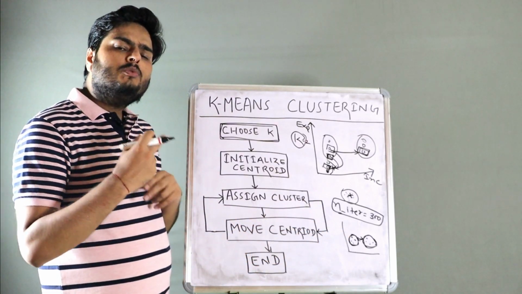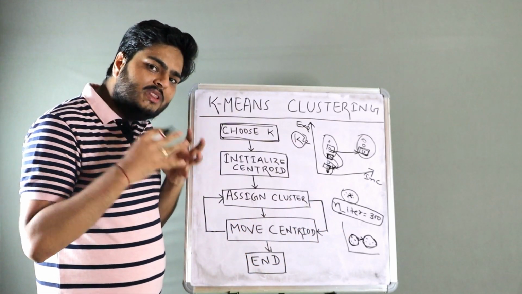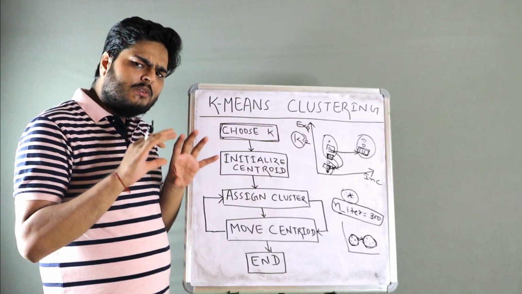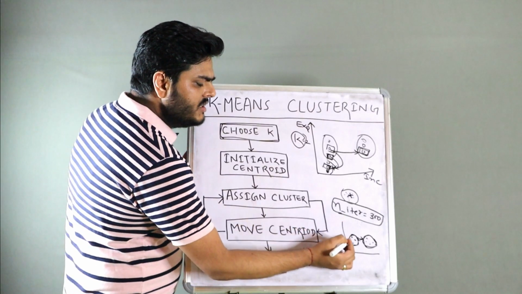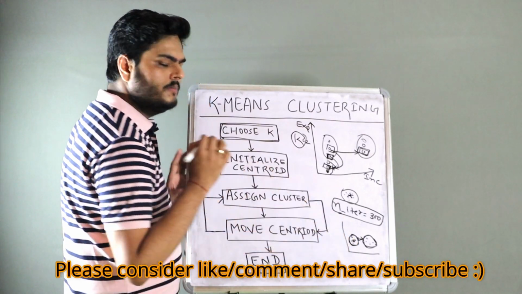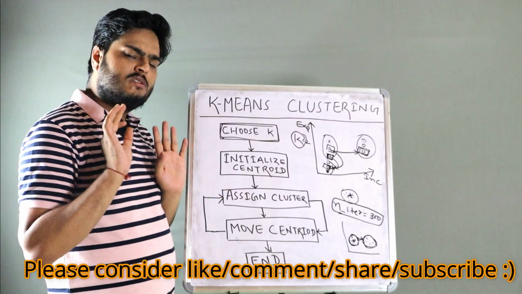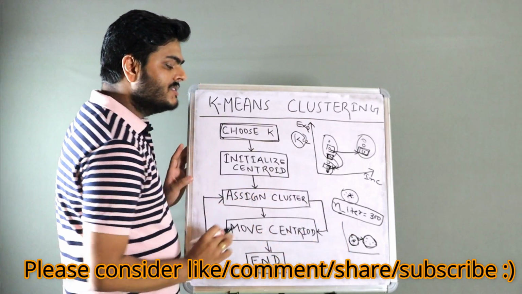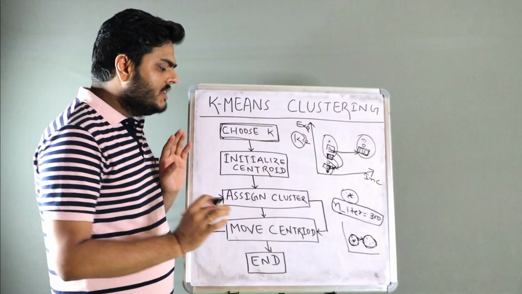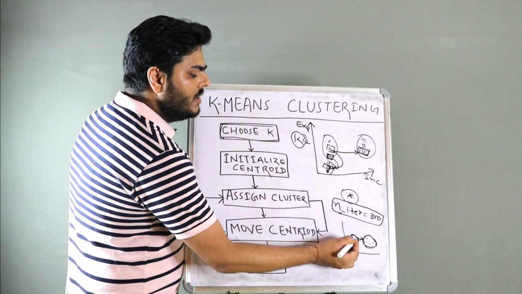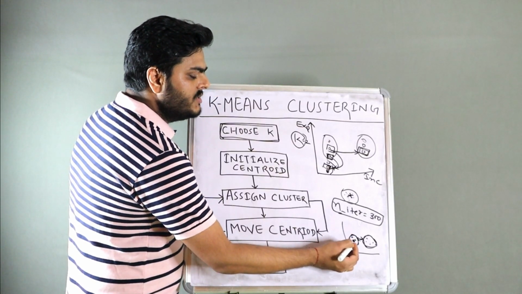Okay, how do we measure that points within the cluster are near to each other? What we do is we just take the distance of all these from their centroid. When I say distance, again Euclidean distance you can think of. Now let us say there are 4 data points. This is the centroid. For all these 4 points, what is the distance from the centroid?